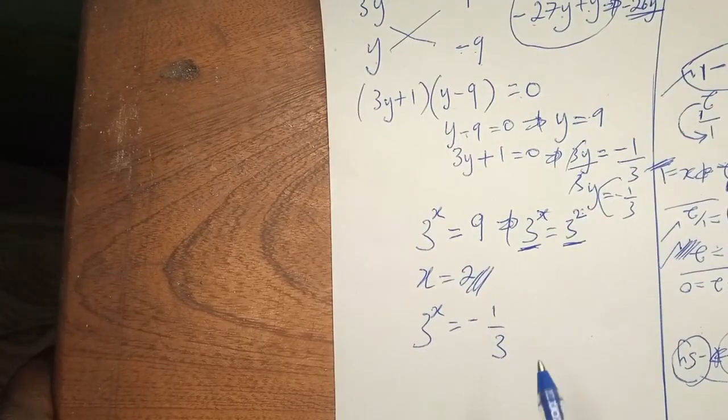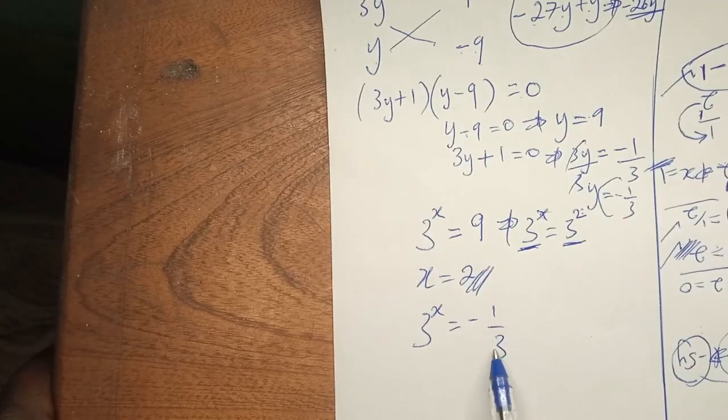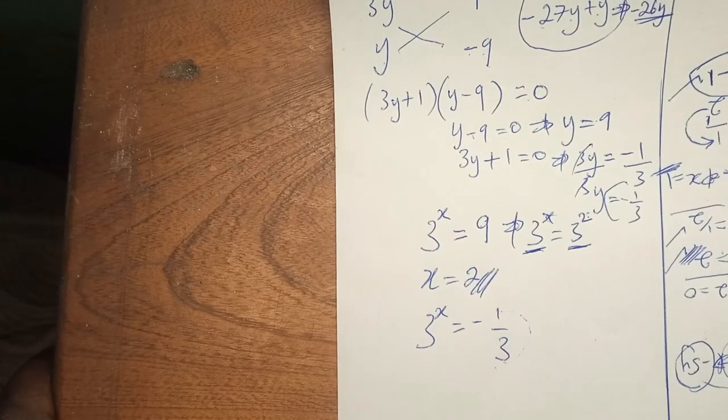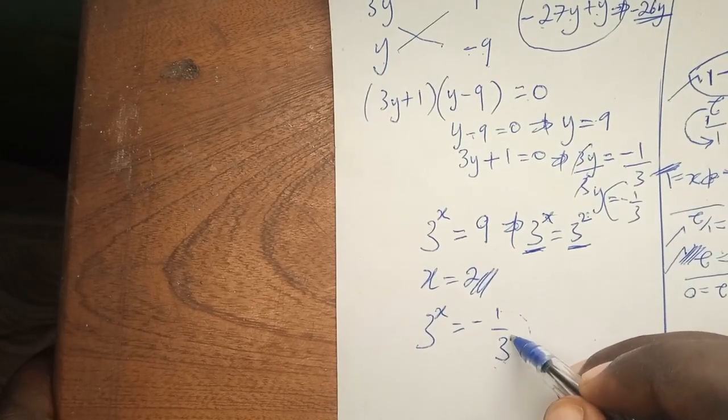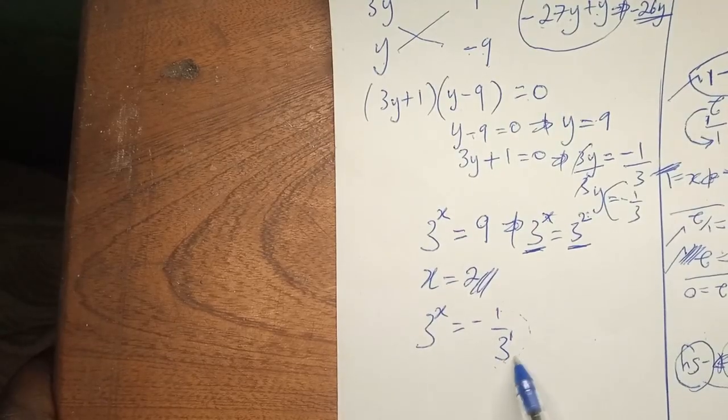So we know that if it is 1/3, we must bring this 3 up here. But this 3 has an invisible 1 as a power. If the power is 1, then if we bring it up, the power becomes 3 to the minus 1.